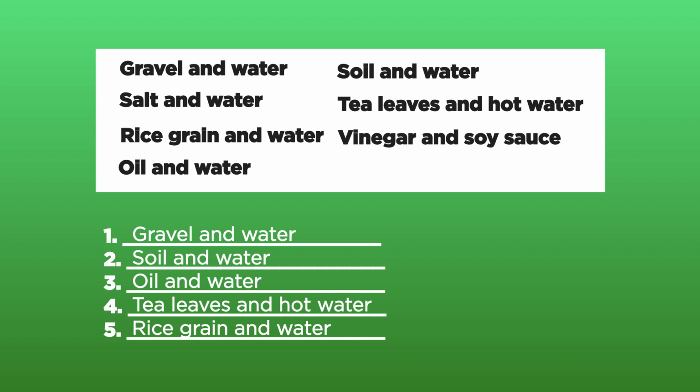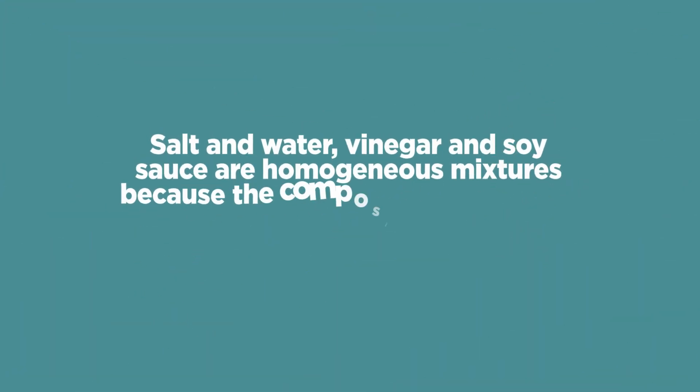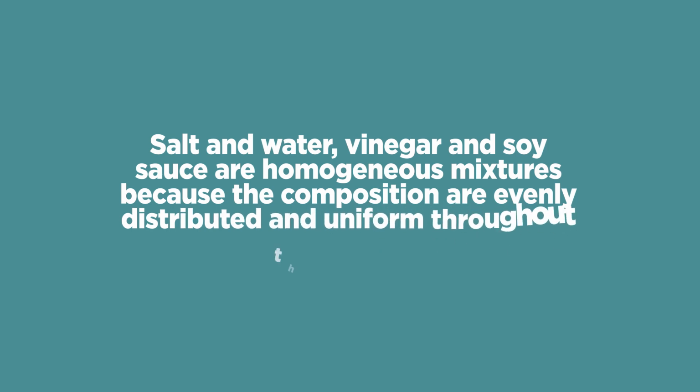Rice grain and water are all suspensions. Salt and water, vinegar and soy sauce are homogeneous mixtures because the composition are evenly distributed and uniform throughout the mixture. Kids, I know you did well in this activity. Keep it up. Let's try another.